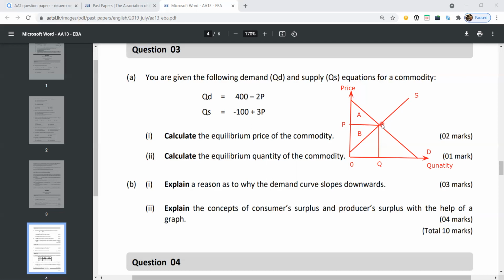As a result, the area of B represents producer surplus as shown in the diagram. That's how we should explain both consumer surplus and producer surplus by using this diagram.